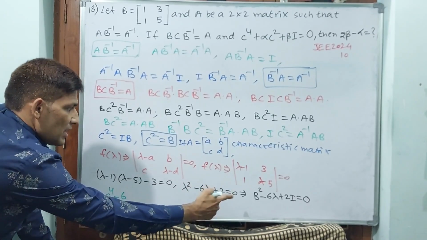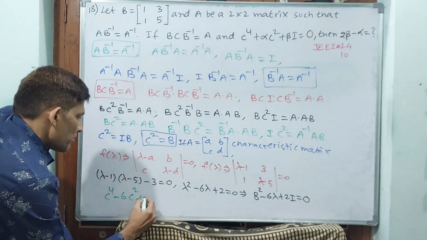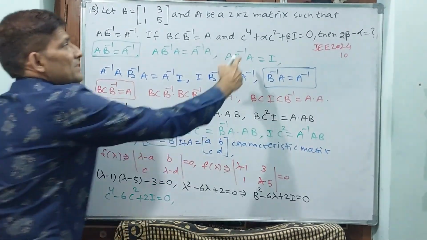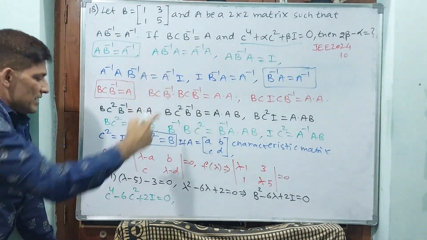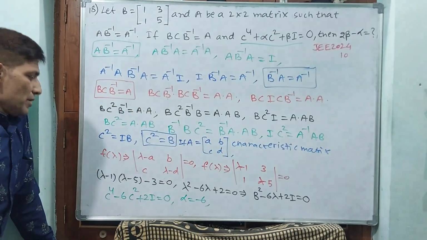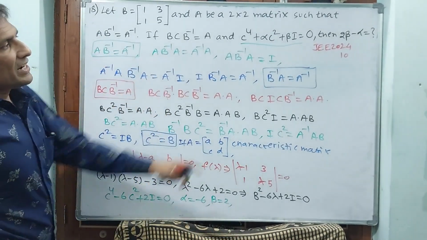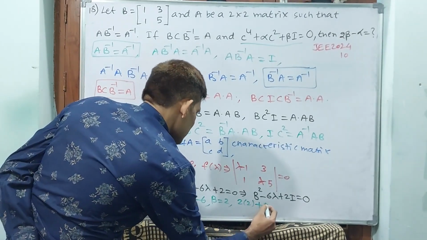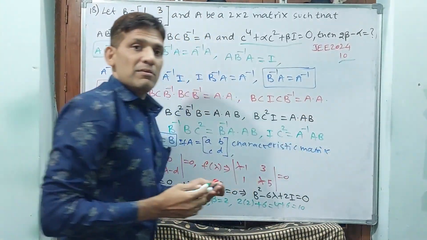Minus 6 lambda, lambda means B directly, B means again C square, plus 2I equal to O. Now compare this with this equation. C power 4, alpha is minus 6. Beta is 2. They are asking 2 beta minus alpha: 2 into 2 minus of minus 6, that is 4 plus 6, 10. 10 will be your answer.